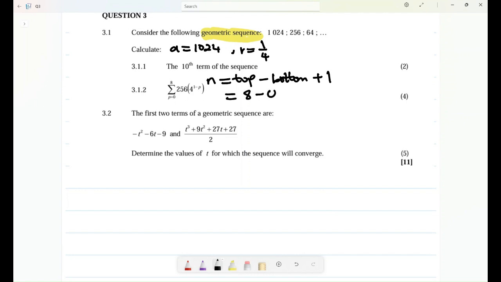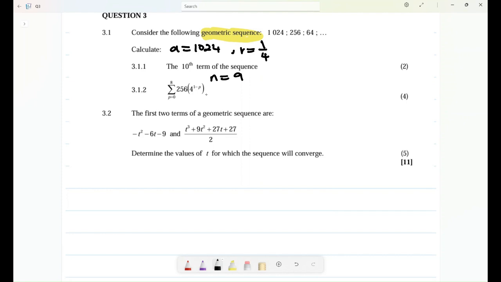What is bottom? Bottom is 0, then plus 1, which is equal to 9. So it means the sequence that they are talking about here in this sigma has 9 terms, right?